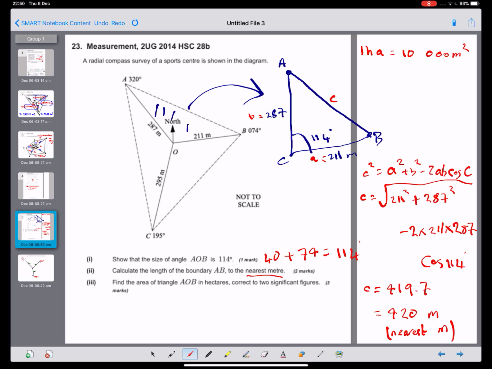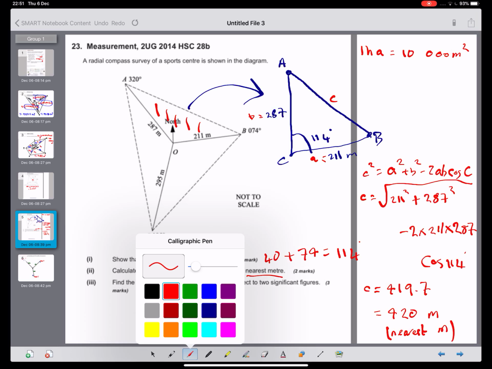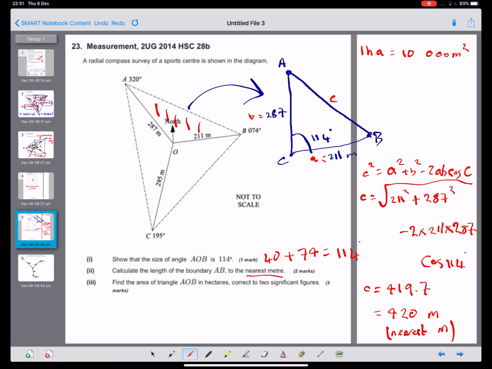The last and final question is find the area of triangle AOB. AOB, this is this triangle again. This triangle there. Okay, so that's pretty straightforward, and you should have done that already.